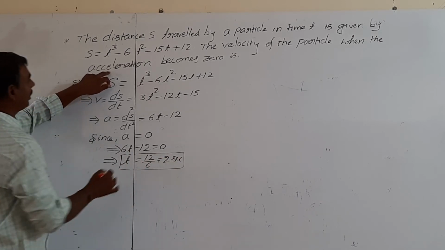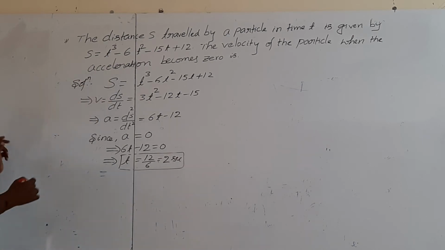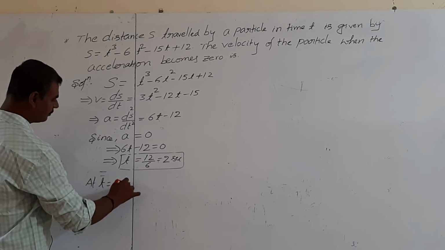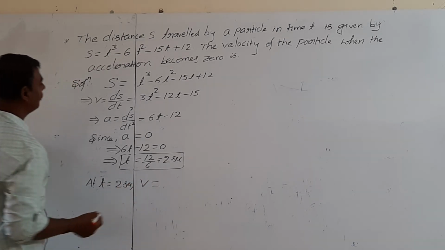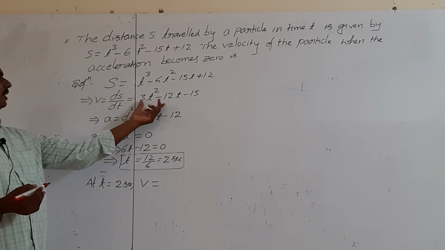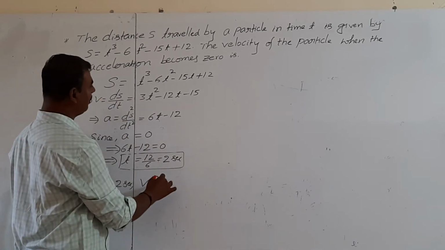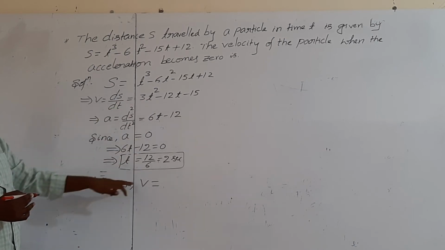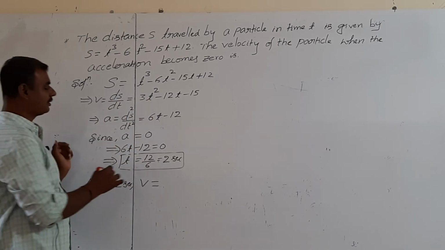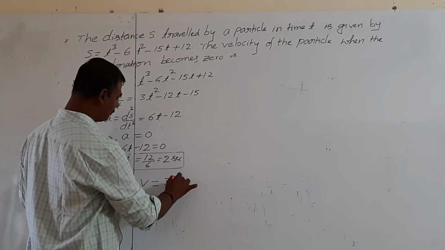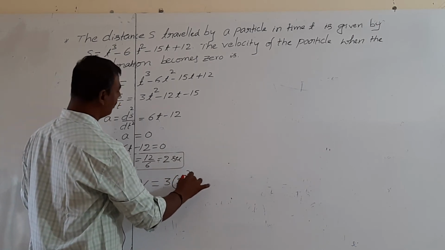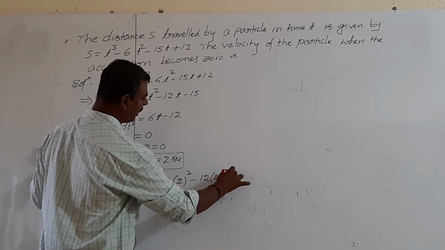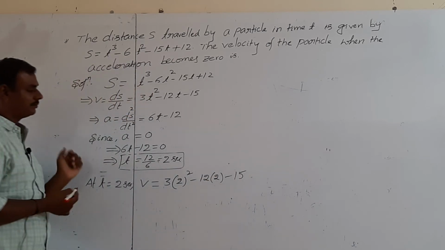At this time, what is the value to find? Velocity. At t is equal to 2 seconds, find the velocity. Velocity is equal to, we got how much? 3t square minus 12t minus 15, and instead of t we substitute the value, t is equal to 2 seconds. 3 times 2 whole square minus 12 into 2 minus 15.